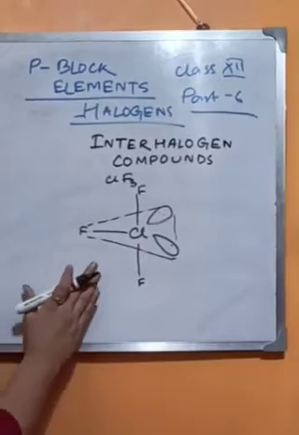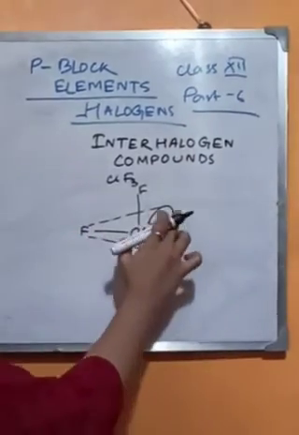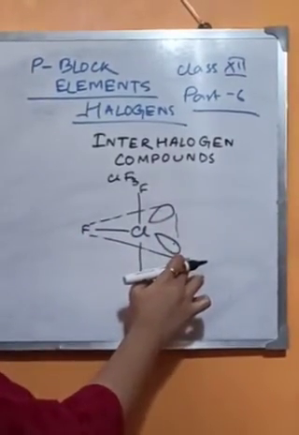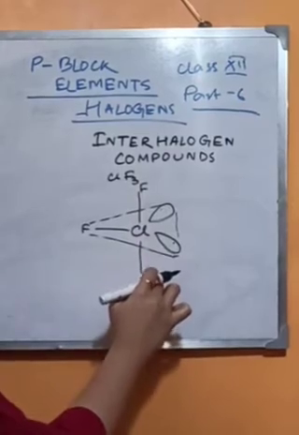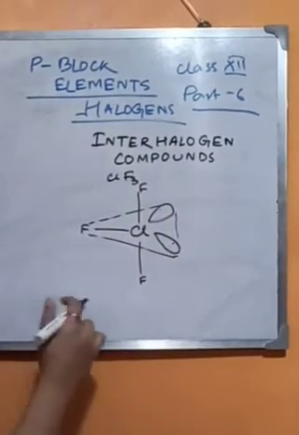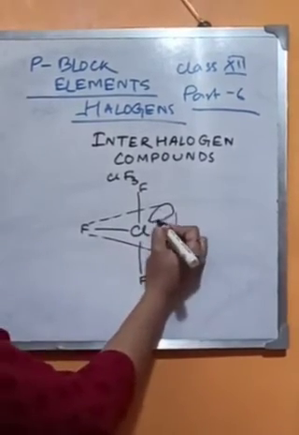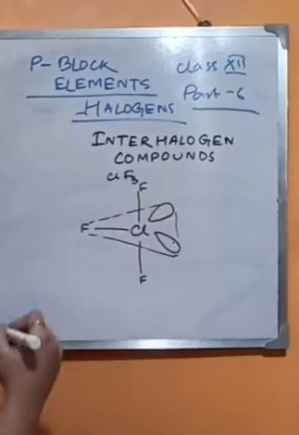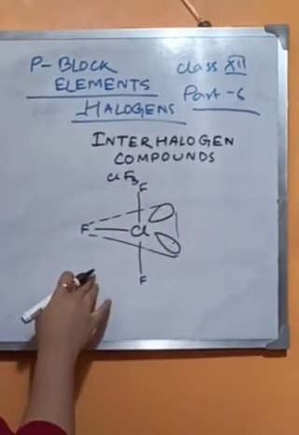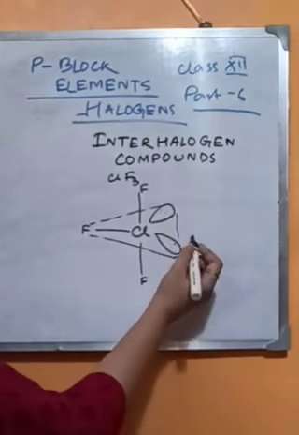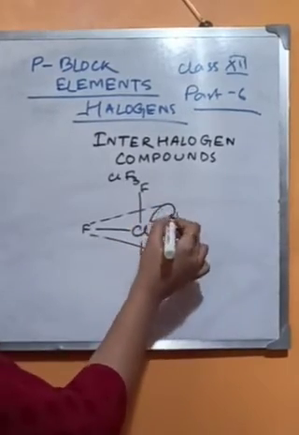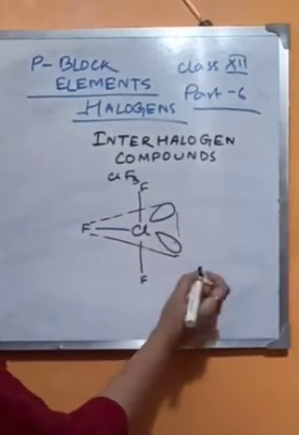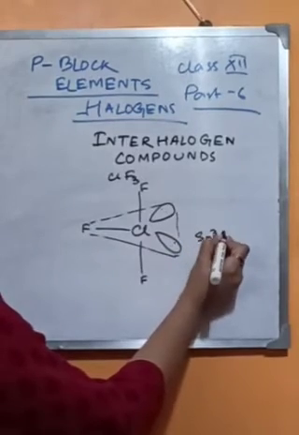Okay, now remember one thing, that these 3 positions are equatorial positions and these 2 positions are axial positions. Always the lone pairs are present in the equatorial position. Now you can understand this is sp3d hybridized.